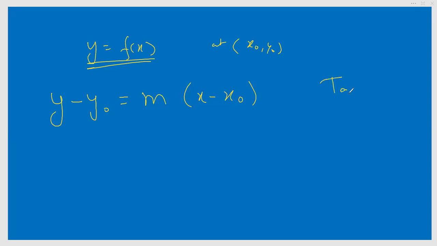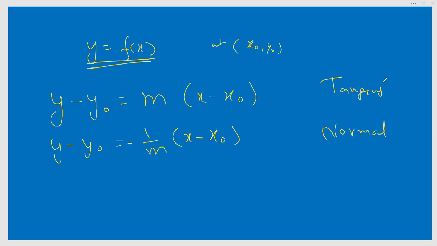This is the equation for tangent, and y minus y naught equals negative 1 by m times x minus x naught is the equation of normal. And how to find m? m is the differentiation of y with respect to x, plugging in the value of x naught, y naught. This x naught, y naught is the point where you have to find the tangent.